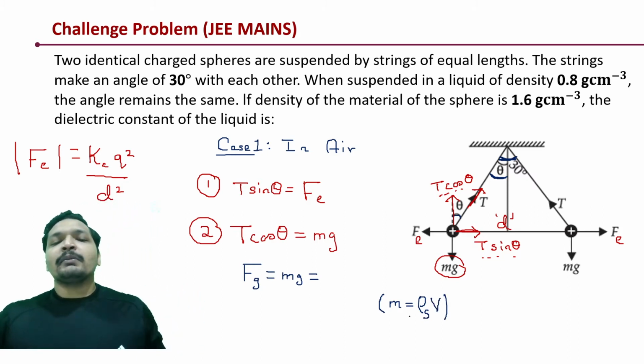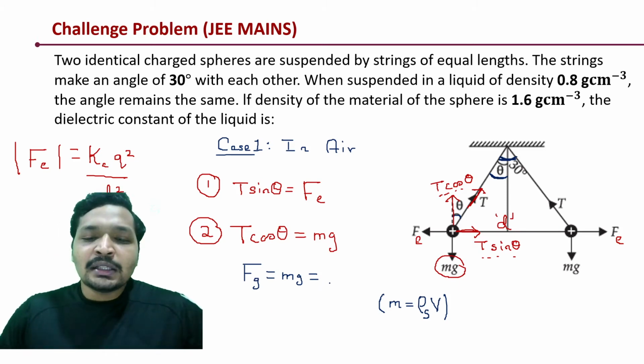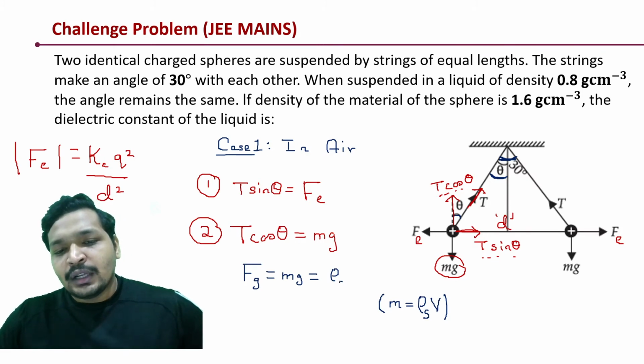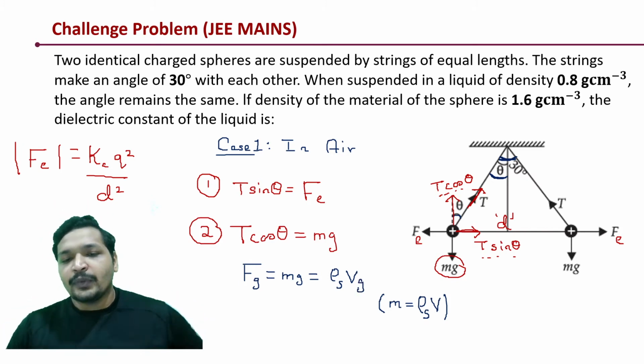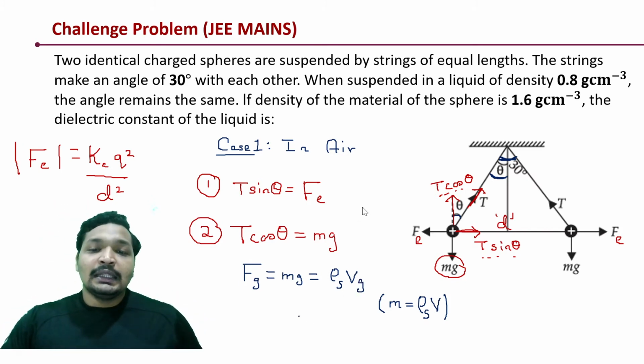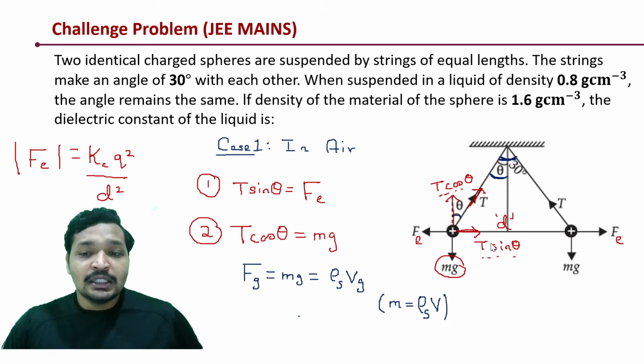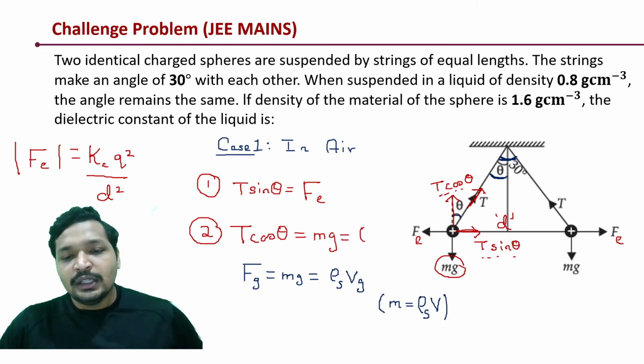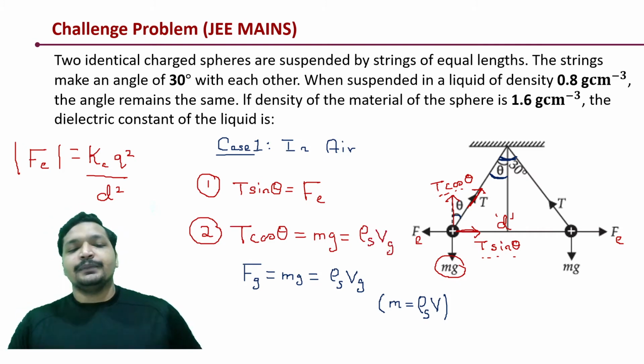Density is mass by volume. So mass is equal to density into volume, and we can write it as density of the solid into volume into g. That is going to be rho S into V into g.